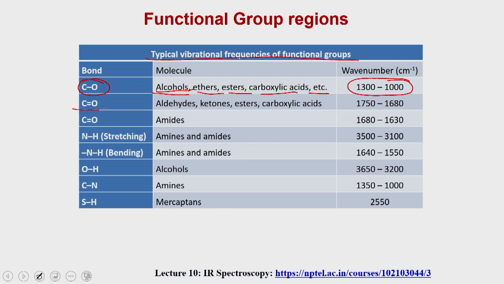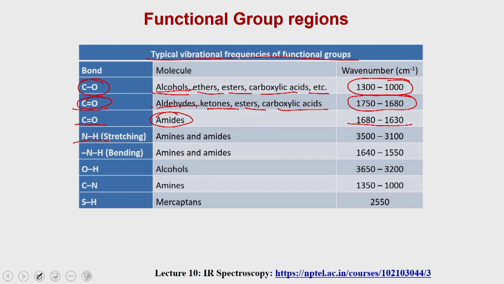Then you have the C=O, the carbonyl bond, present in aldehydes, ketones, esters and carboxylic acids, and it absorbs in the range of 1750 to 1680. Then you have the carbonyl bond present in amides, which absorbs between 1680 to 1630.